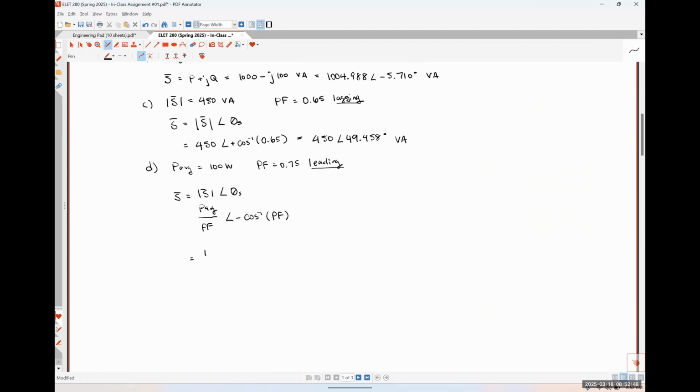So that's going to look like 100 over 0.75 with an angle of negative inverse cosine of 0.75. And I can put that whole thing in my calculator just like that.